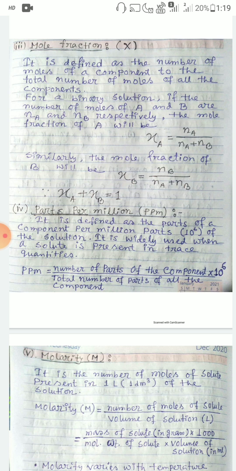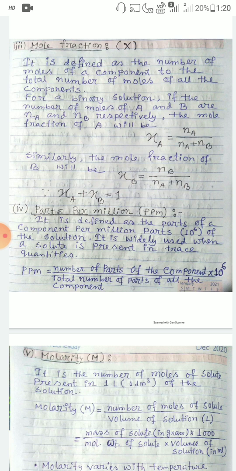For example, for a binary solution, if the number of moles of A and B are Na and Nb respectively, the mole fraction of A, Xa, is equal to Na by Na plus Nb. Mole fraction is represented by X. Similarly, the mole fraction of B, Xb, is equal to Nb by Na plus Nb. You have to remember that the total mole fraction of all components is always equal to 1. So Xa plus Xb is equal to 1.